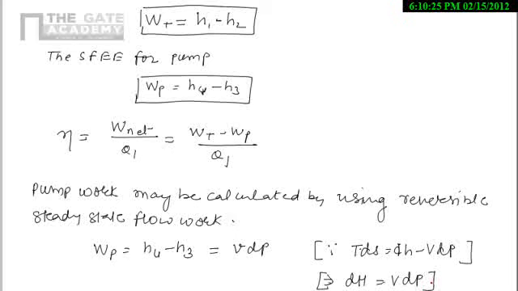Del H is the difference of enthalpy, that is H4 minus H3, so H4 minus H3 equals VdP.